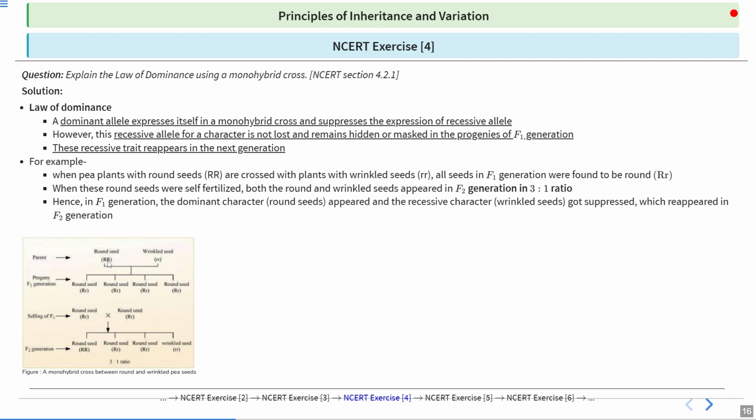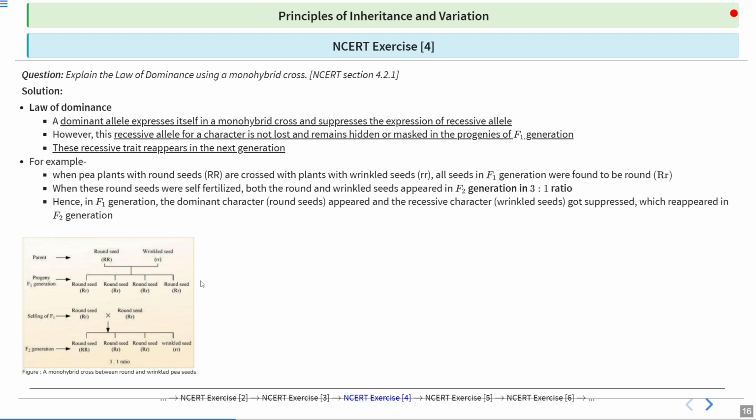The gametes produced by parent 1 having capital R will all have capital R. Then the other parent having wrinkled seeds will produce gametes having small r only. So in the F1 generation, after fertilization, capital R and small r is being produced. So all the plants will have capital R and small r.